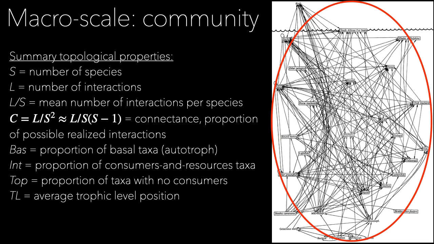And from these two numbers we can already calculate the mean number of interactions per species, which is L divided by S. You can imagine that this mean number can tell us something about the complexity, even though it doesn't go into the details of how interactions are structured.